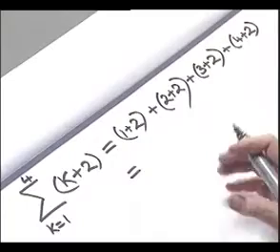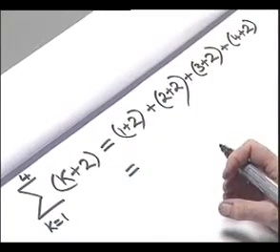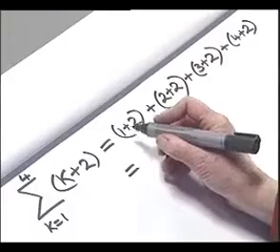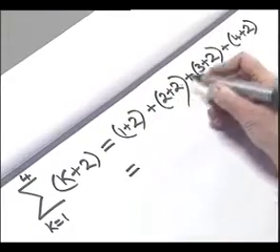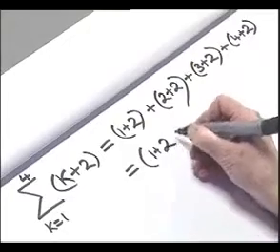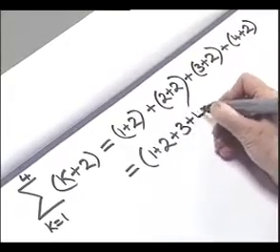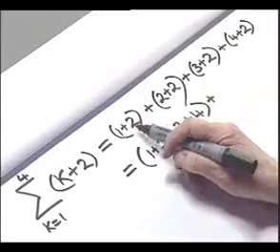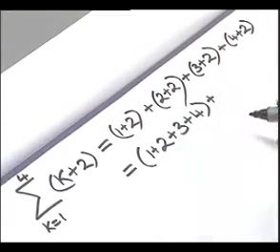Now what I want to do next is rearrange these values. If I rearrange such that I have the addition of 1 plus 2 plus 3 plus 4 first, and then see what we've got left. We've got add 2 four times.